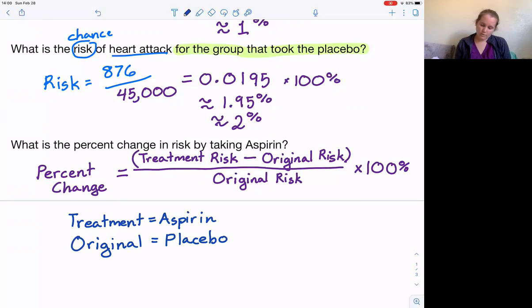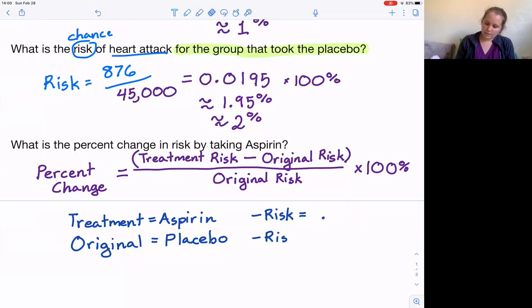We'll go ahead and do the risk for treatment. You can either use the percent form or the decimal form. Either way will work as long as you're consistent. So let's do, oops, sorry, that's the wrong one.